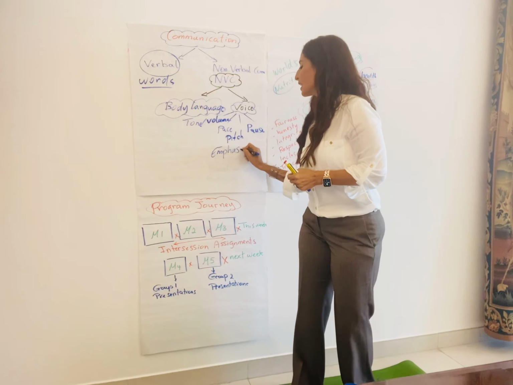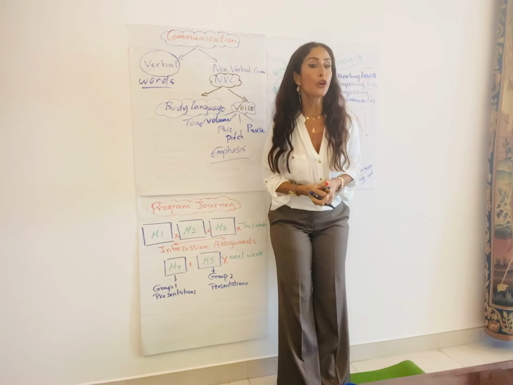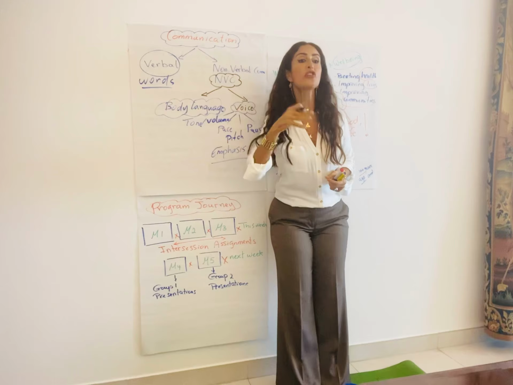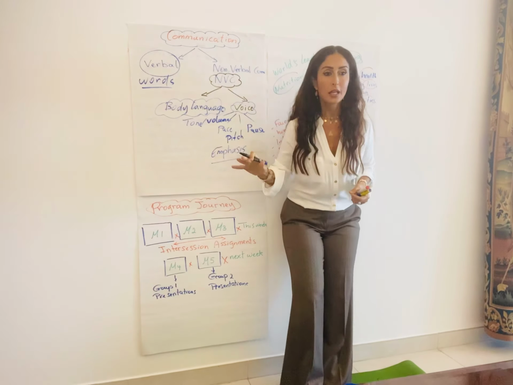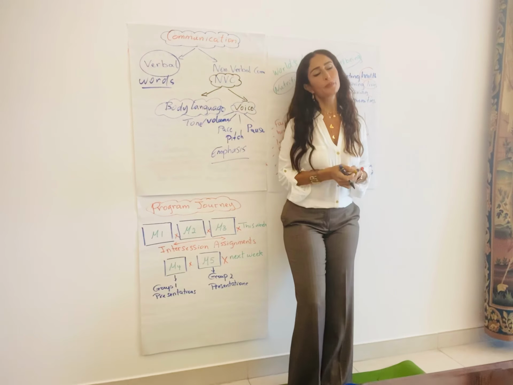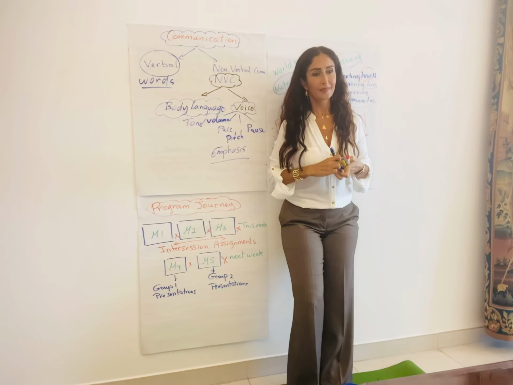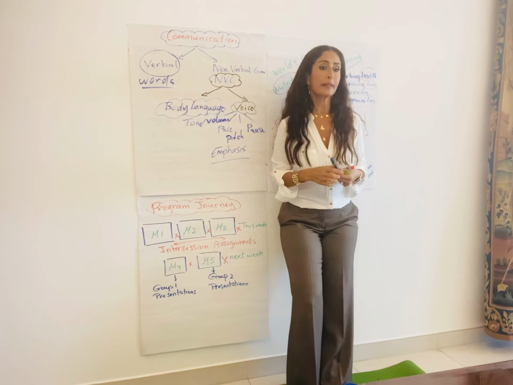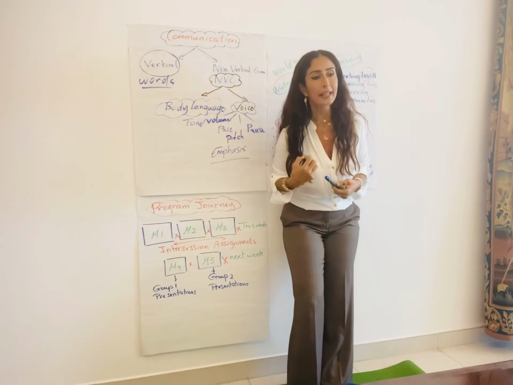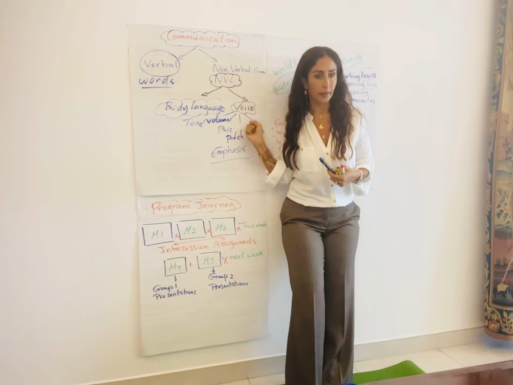So you're emphasizing a certain word or a phrase, either by putting pressure on how you're pronouncing it or repeating it more than once. So if I do that, what happens to you as my audience? You pay more attention, exactly. So it's another strategy to grab the attention of your audience. So we use emphasis and we use pausing, okay?